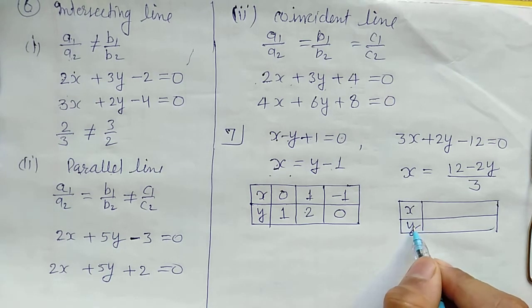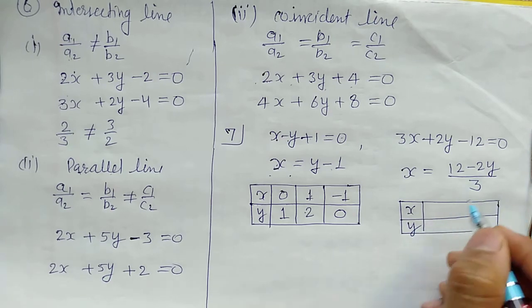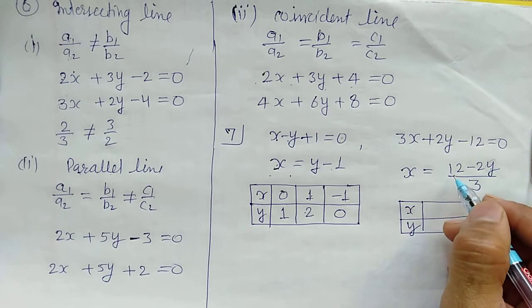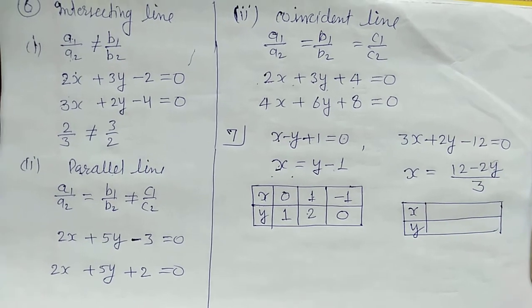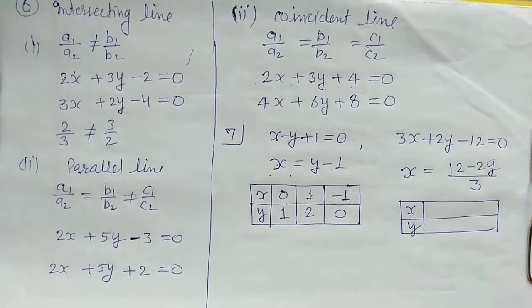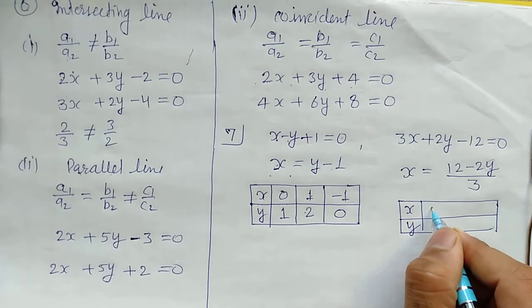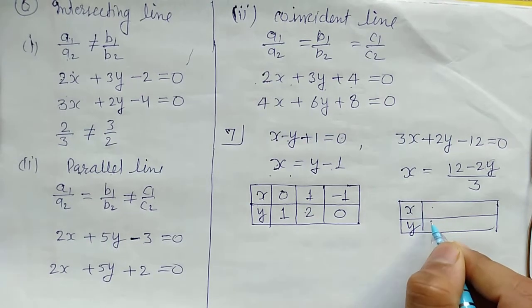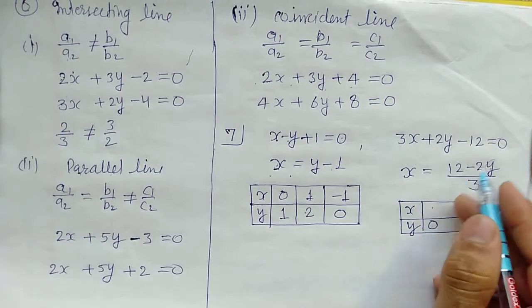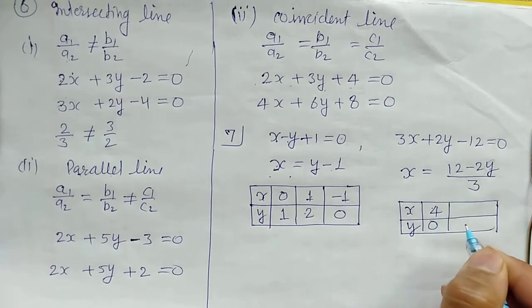Here also, if y equals 0 we will take, here 0. So 12 minus 0 equals 12 only. So here we are taking y equal to 0, then 3 4s are 12, 4 will come.